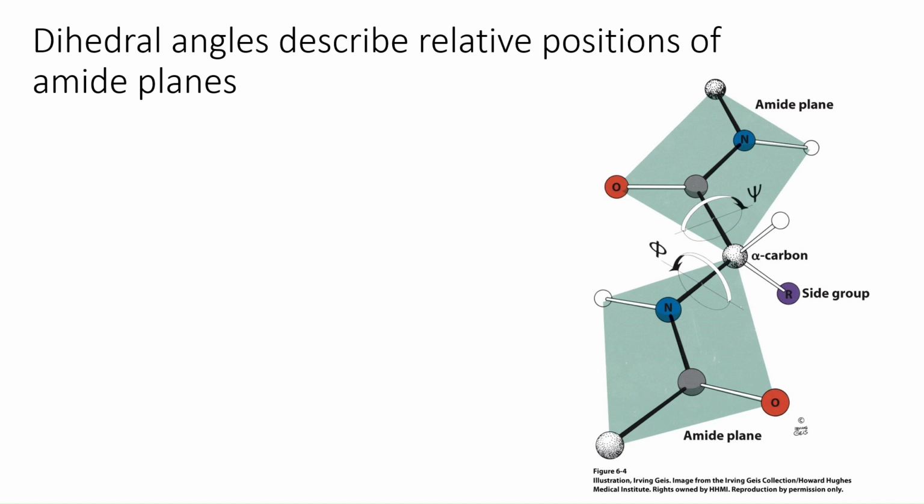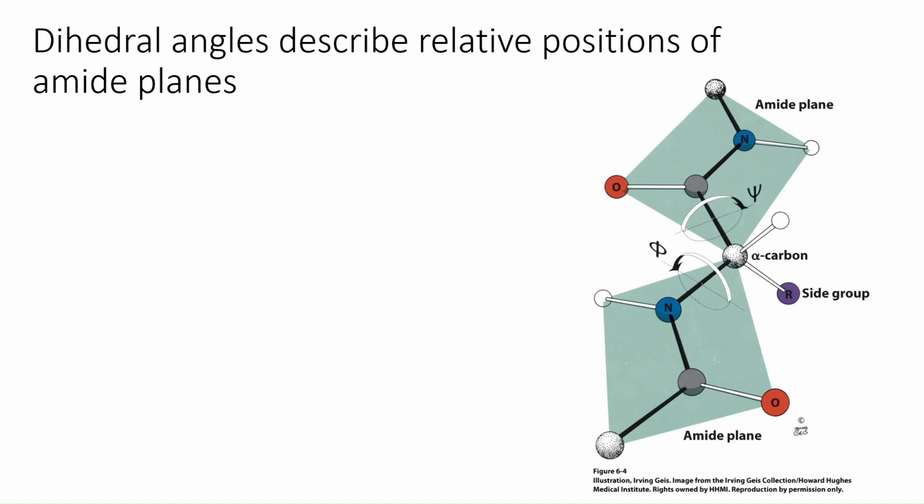So let's look a little bit more closely at that rotation. The dihedral angles are what we use to describe the relative positions of those amide planes. You can see in this picture here, the amide plane is represented by this greenish rectangle, and at the center of that you have that peptide linkage between the nitrogen and the carbonyl carbon that has that partial double bond character.